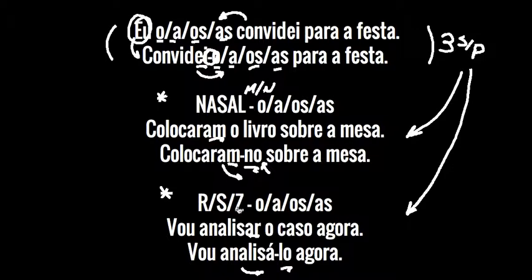Since we have the R here, we change the verb, we put it here without the R, and then we include the L here. So it could be vou analisá-lo, vou analisá-la, vou analisá-los, vou analisá-las. Alright? So those two special cases for third person.